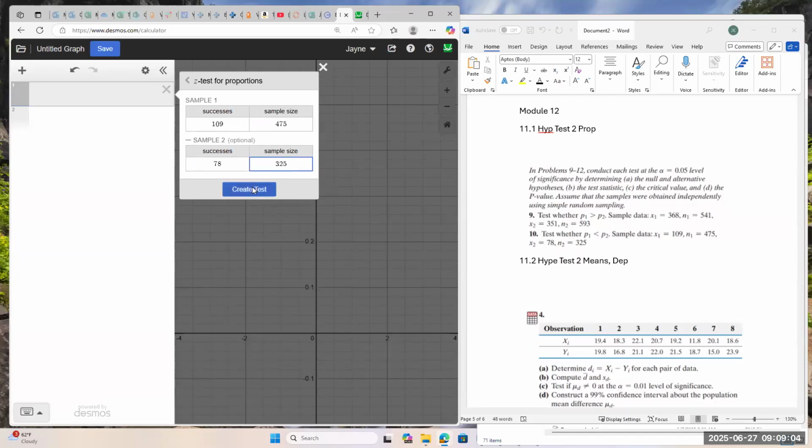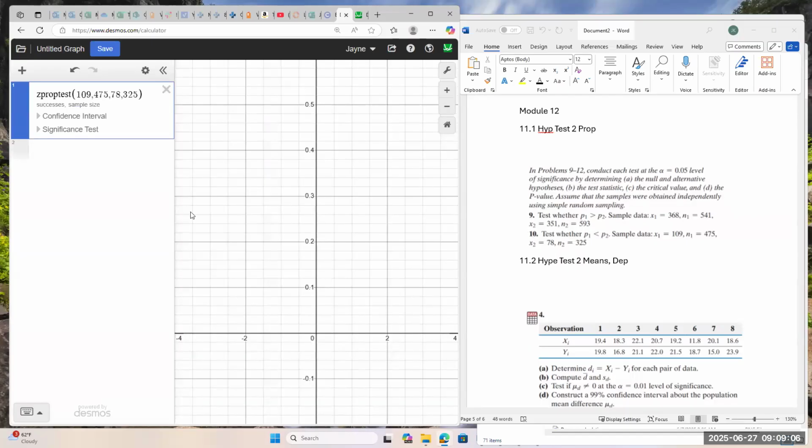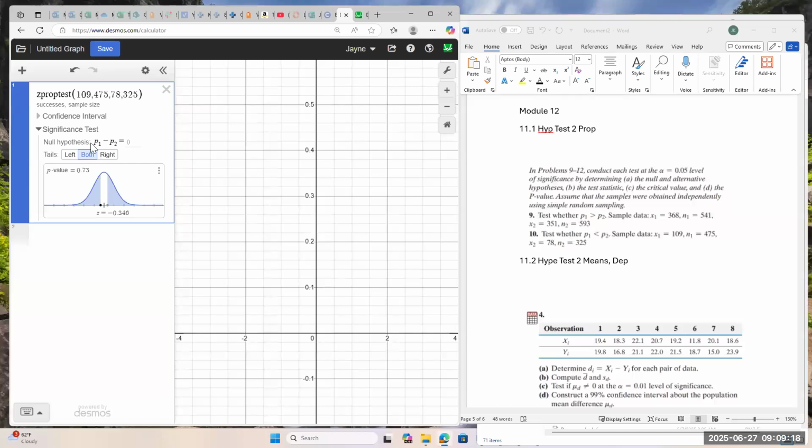Now we're just going to hit create test. We are interested in testing whether the proportion P1 is greater than the proportion P2, so we're going to select significance test. Notice here we're comparing P1 minus P2 to 0 as the null hypothesis.